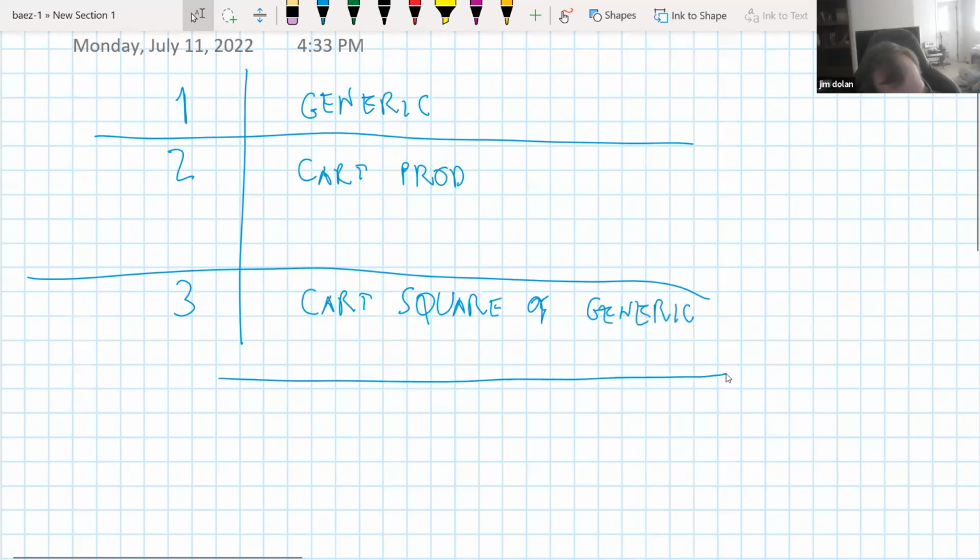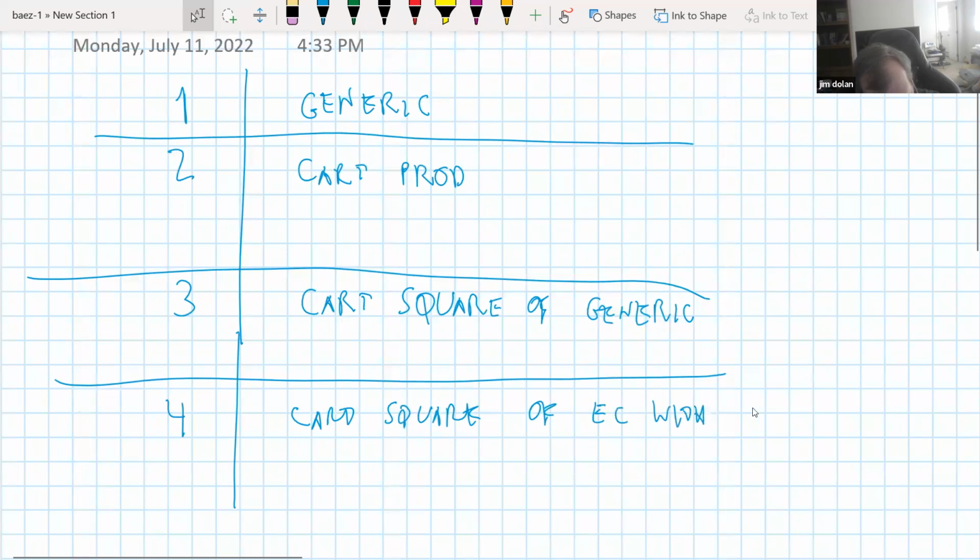And then the rank 4 ones we're guessing are Cartesian square of an elliptic curve with complex multiplication. Oh, maybe they just call that a CM. I'll use that abbreviation. That's a CM elliptic curve.